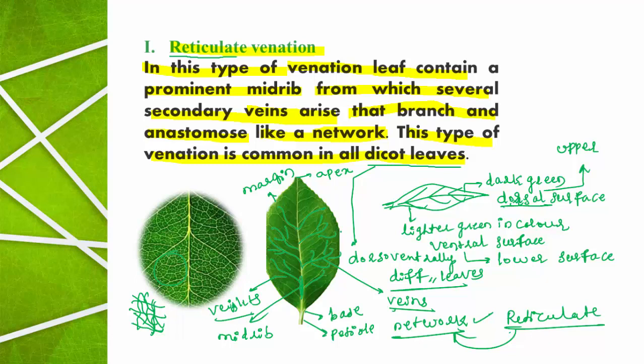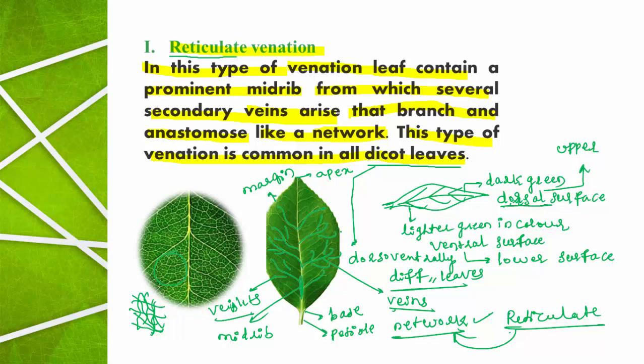While doing experiments in the laboratory, if a leaf is given to identify whether it belongs to monocot or dicot, on the basis of the venation itself you can identify whether the leaf is a dicot or a monocot.